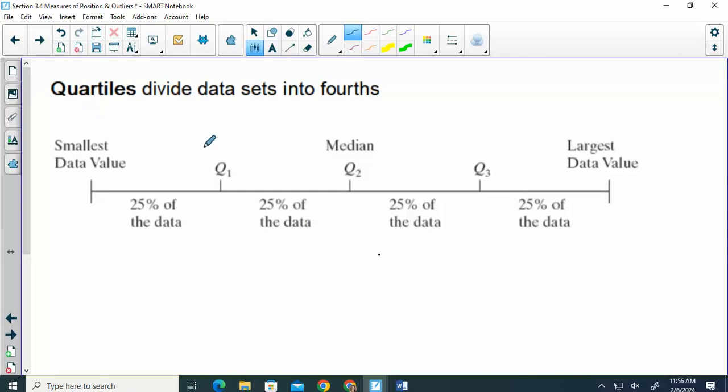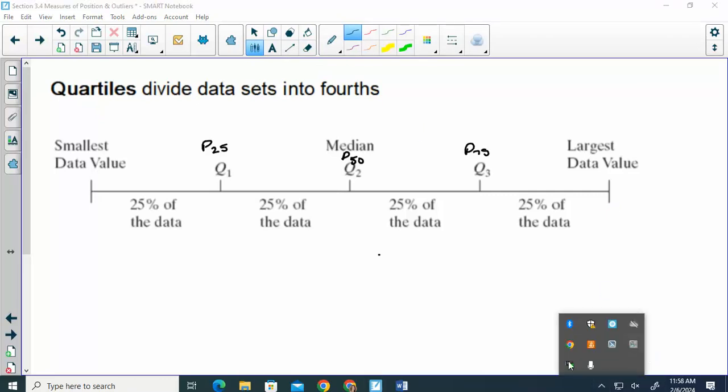So another word for quartile 1 would be the 25th percentile. Use P for percentile, with a little subscript 25 to tell you that. Quartile 2 is the same as the 50th percentile, or the median of our data. We've already found that. Quartile 3 would be the 75th percentile. So that's the value.